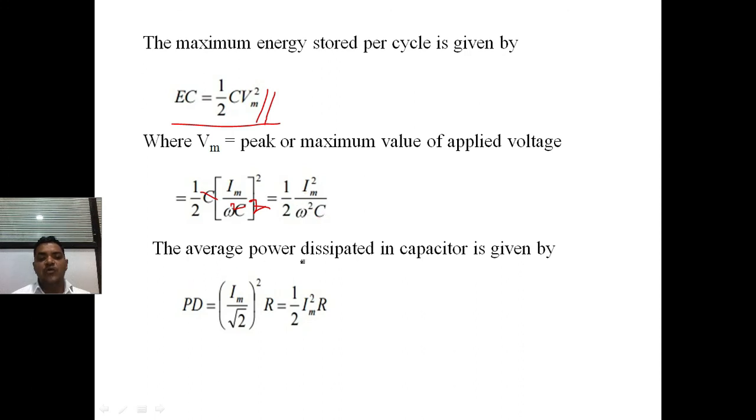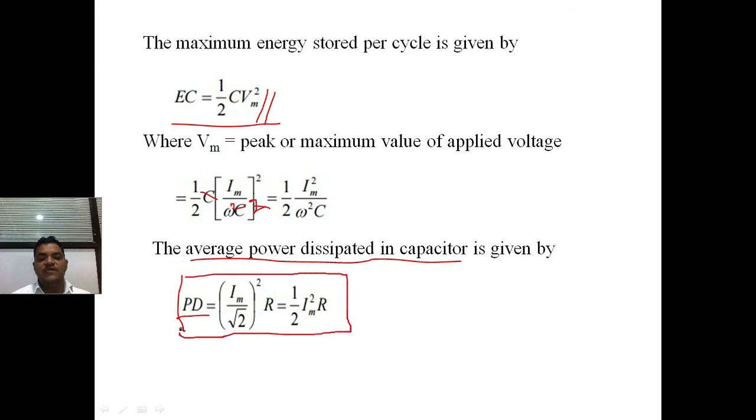So the average power dissipated in the capacitor is given by PD, which is equal to Im upon root 2, squared, into R. Therefore Im square R upon 2. This is the average power dissipated in a capacitor.